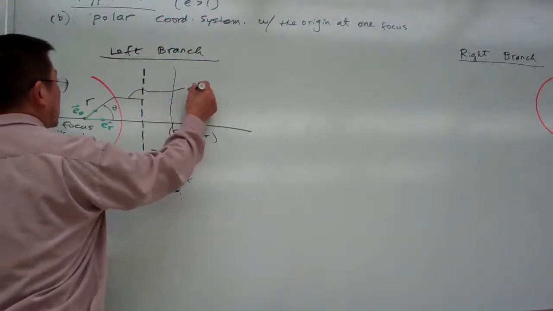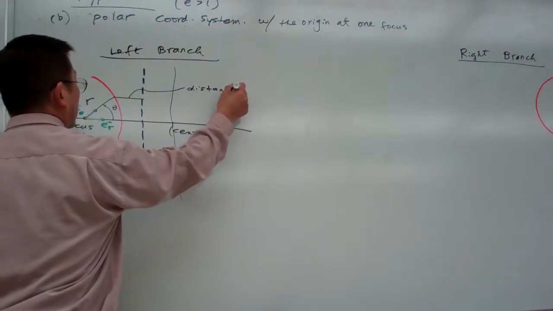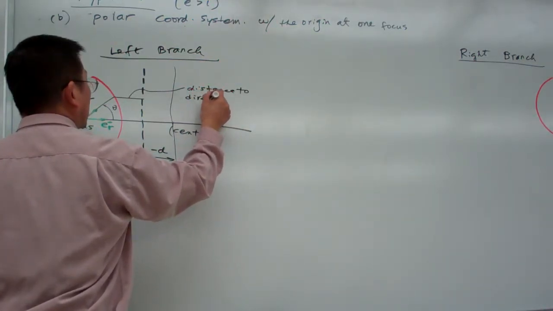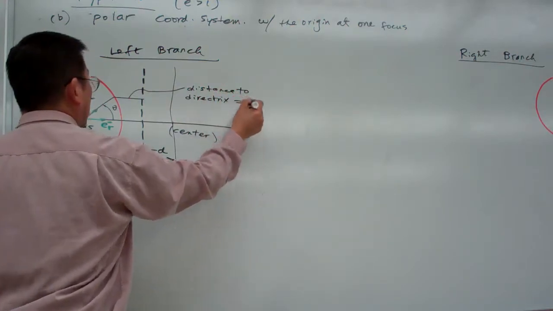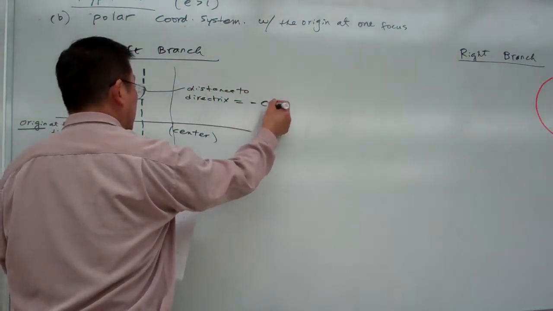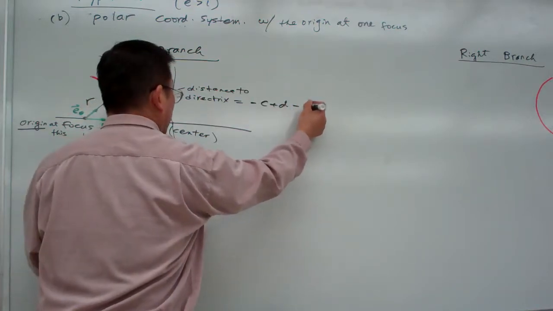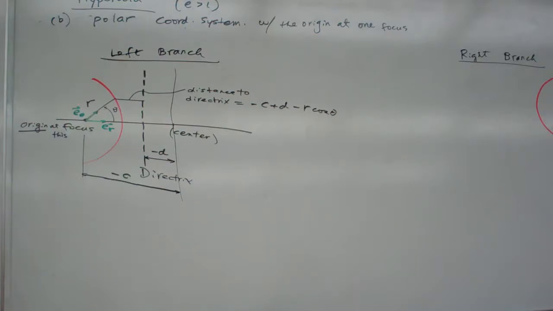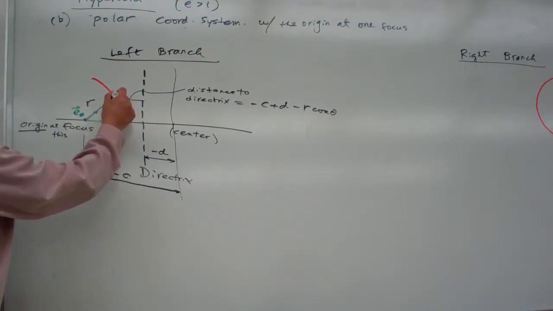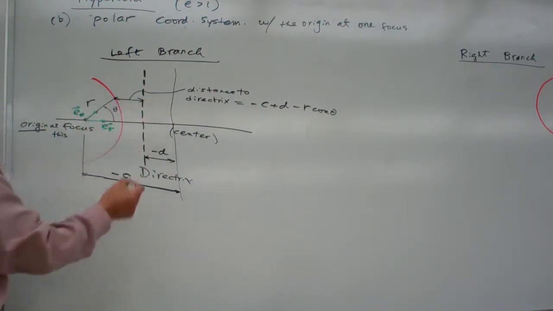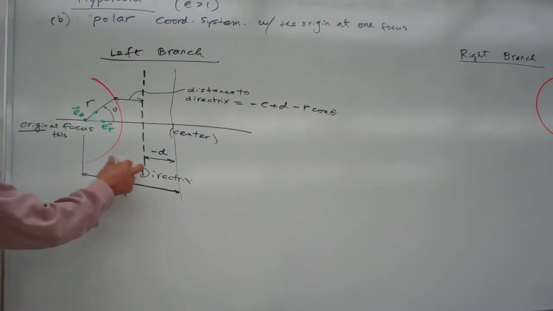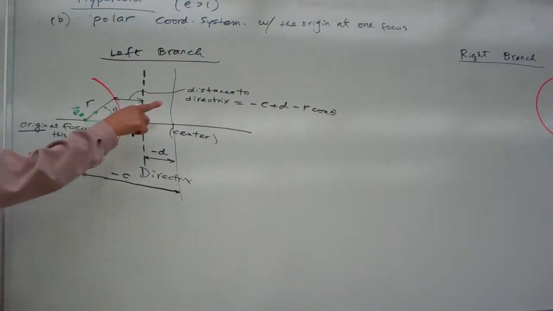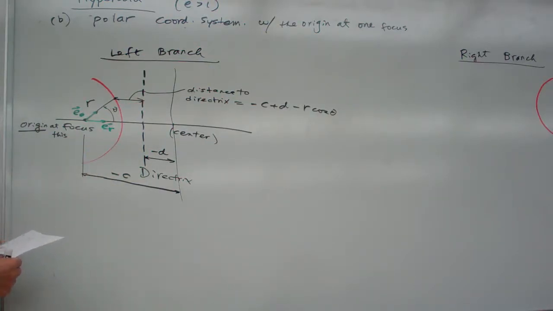This is the distance to the, equal to minus c plus d minus r sine theta. Again, I simply want to measure the distance from here to here. And basically that is this portion minus this portion. So that has that expression there.